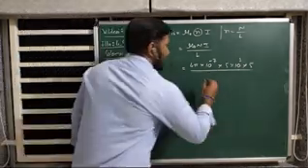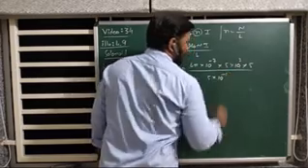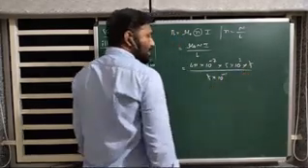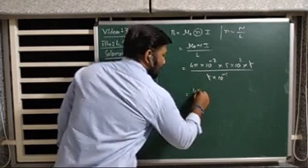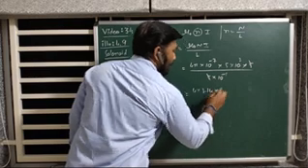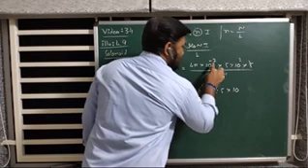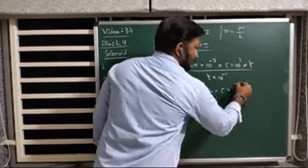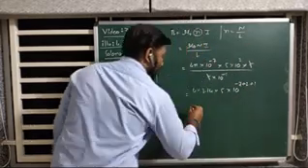So obviously 5 will cancel out. What will you get? 4 pi means 4 multiplied by 3.14, multiplied by 5, multiplied by 10 raised to minus 7 plus 2, take minus 1 upside, so it is plus 1.